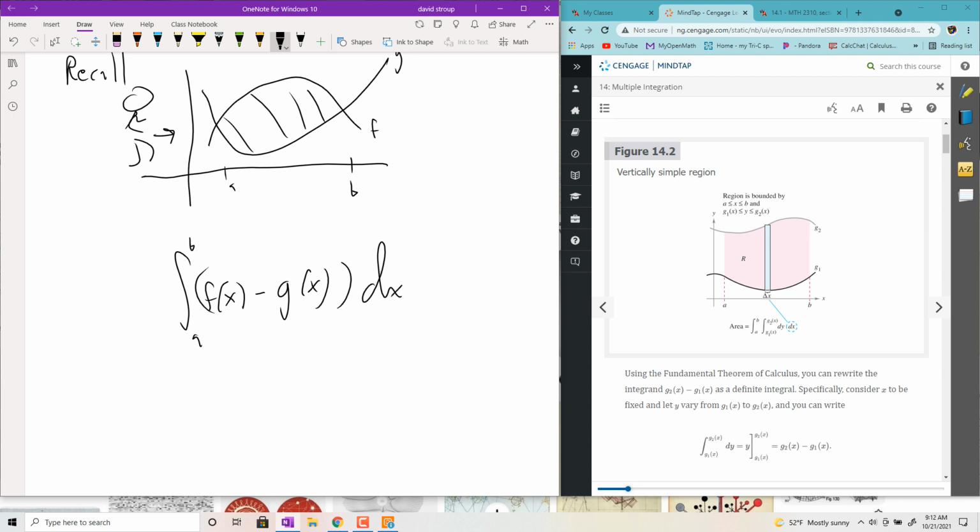Okay. So now what we're doing here is you can embed those f of x and g of x in the inner integral. Okay. So you have the integral from the bottom curve, which is g of x, to the top curve, which is f of x, of 1 dx. Okay.